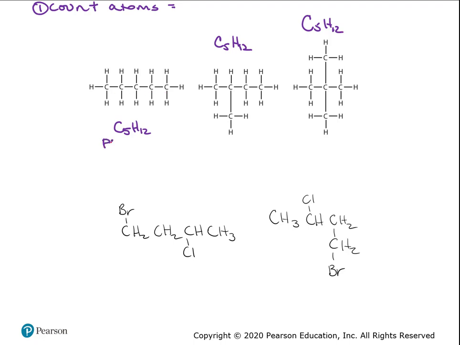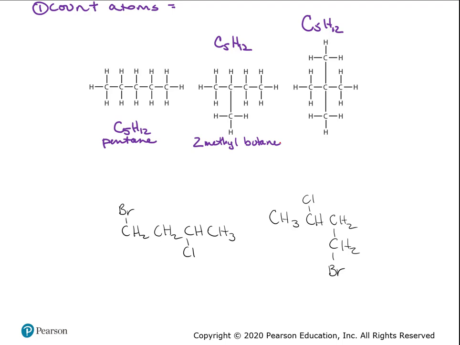This is pentane, right? Remember 5 carbons in a chain, that's pentane. What would the next one be? Yes, 2-methyl butane. 4 carbons in a row, that's across the top. 1 methyl group hanging off of carbon number 2.